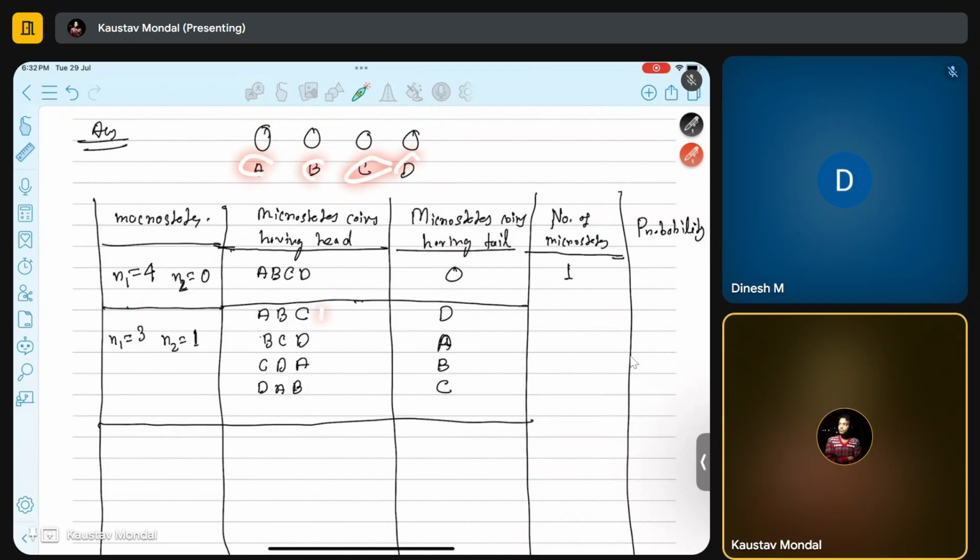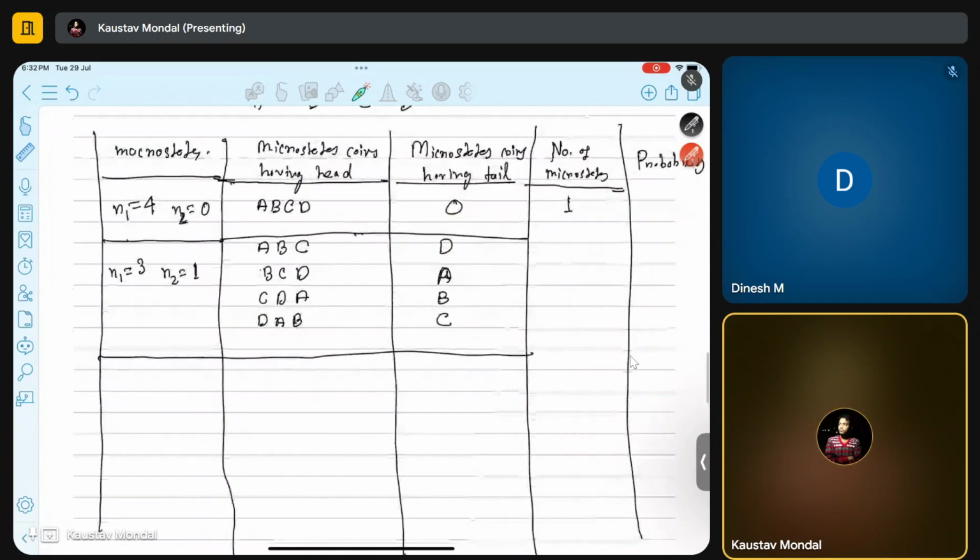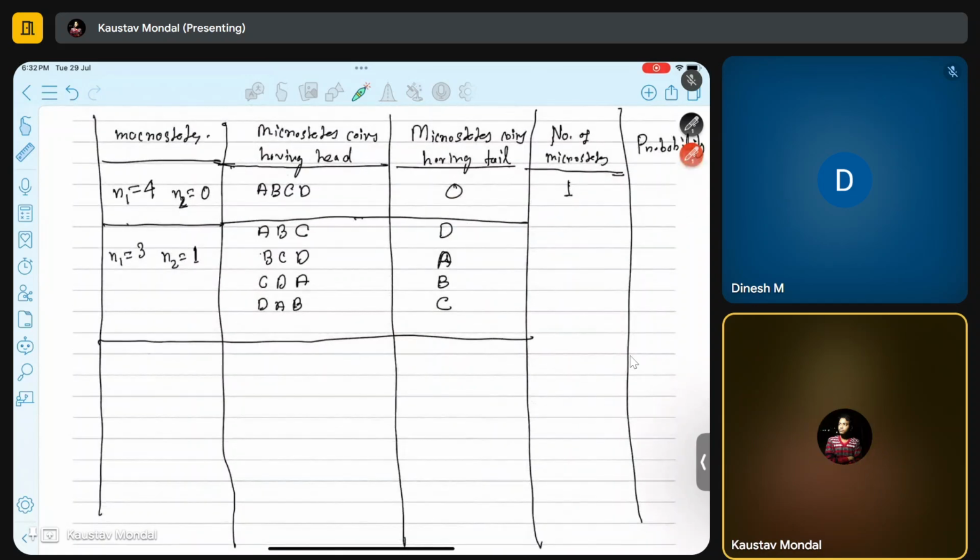So this is a possible combination of having three heads, and this is the combination where the rest of the coins are having tail. So the number of total microstates in that case would be four, and this is basically the description of all the four microstates.